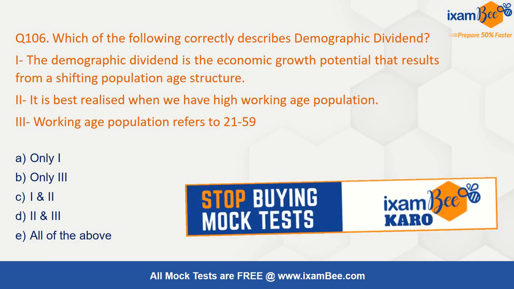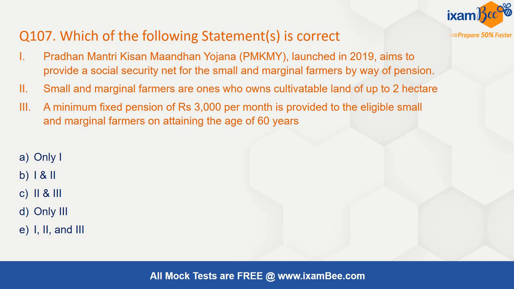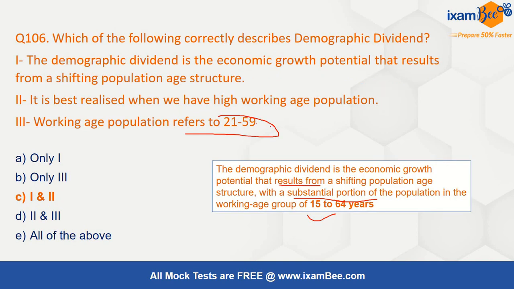The correct answer here is first and second, because working age population referring to 21 to 59 is not correct. The demographic dividend is the economic growth potential that results from a shifting population age structure with a substantial portion of the population in the working age group, and working age group is defined as 15 years to 64 years, because here we are not talking about the government job.